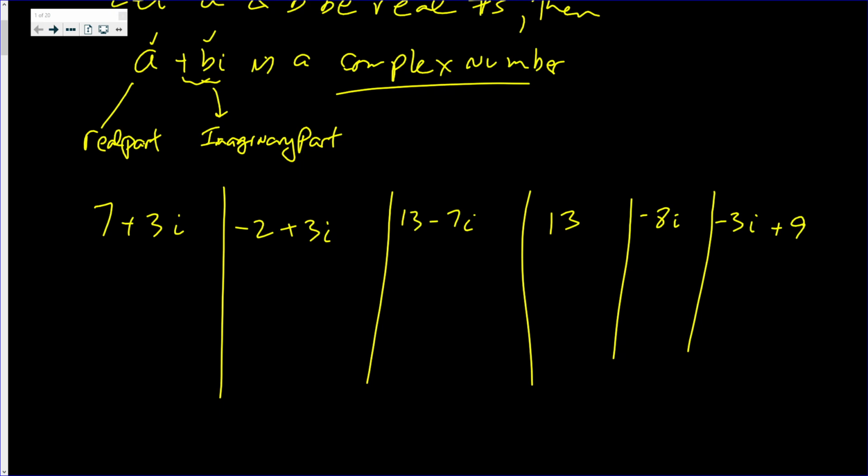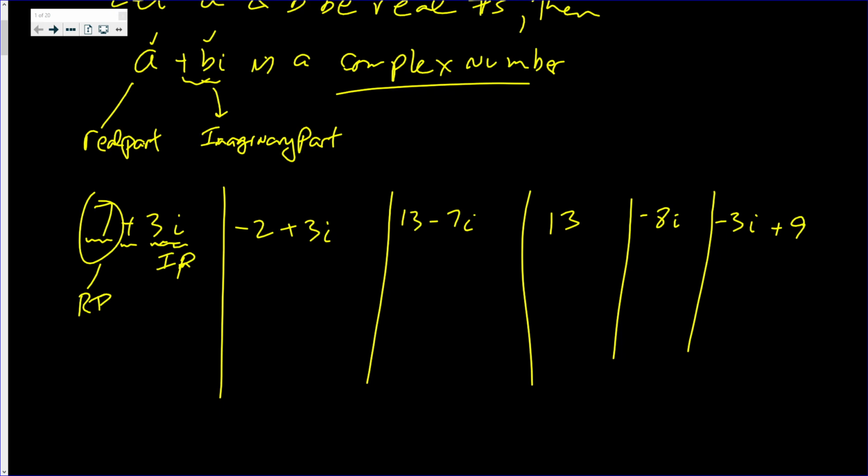Well, it's clear as day, this is in the form of A plus BI. So that's the real part, and this 3i is the imaginary part.